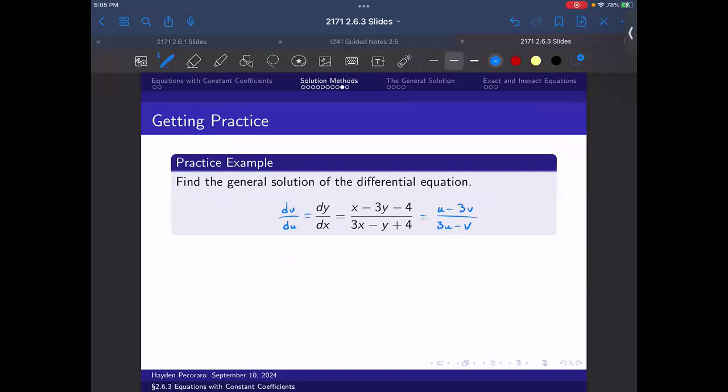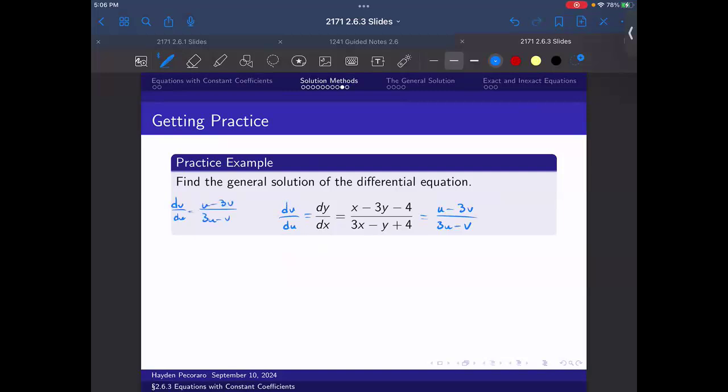So you don't even have to go through all of that trouble of substituting things at the end. At the end we'll find h and k, and it will be a lot easier. So you just write that differential equation down immediately: dv/du equals (u minus 3v) over (3u minus v).